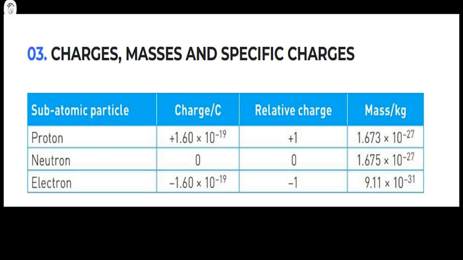This data is given in the data sheet for all of the A-level boards, but you also have to learn these. I know that if a good physics student learns all the charges, relative charges and the masses, it will be really helpful for them to attempt a few questions in the exams.